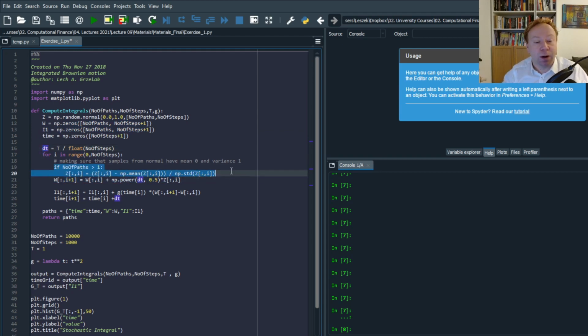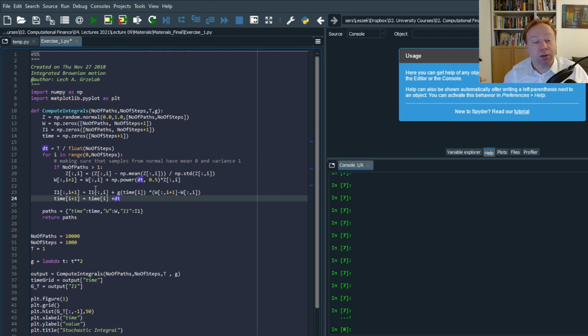This is the part where we standardize the random numbers, so we always make sure that there is mean 0 and variance 1. In the first step, we define Brownian motion. You see, the next element of Brownian motion is the previous one plus the increment, which is the square root of dt times the independent increment. So this is how we construct Brownian motion. And once we talk about the integral, we just sum over all the elements.